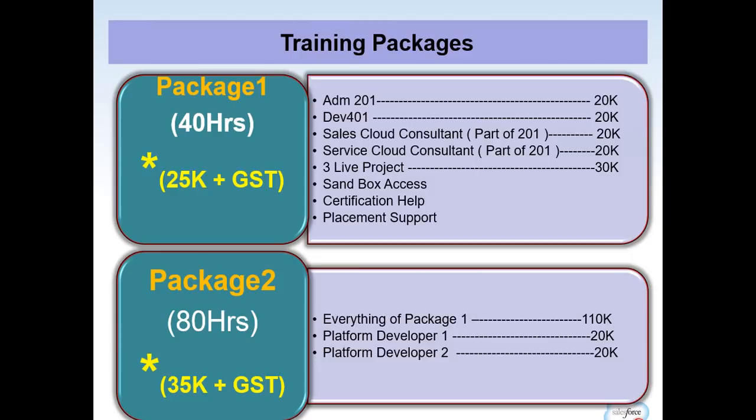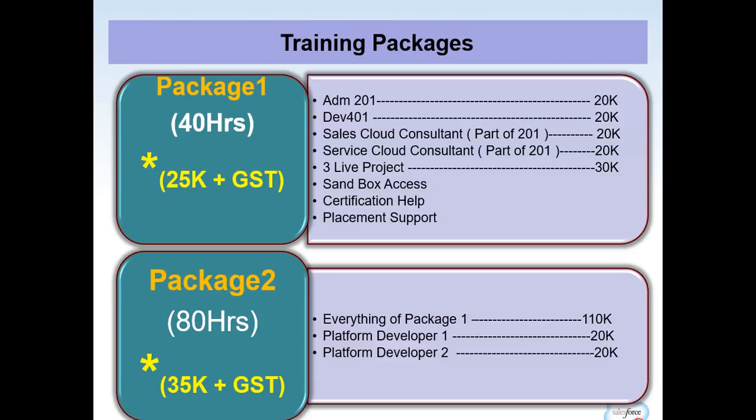You also get a certification guarantee, because till now more than 3,500 students have cleared the certifications with us, and you get complete placement support, right? So this is covered under package 1. If you individually take each of the courses, you need to spend a lot of money, but right now there is a great offer available, and the offer is 25,000 plus GST for package 1.